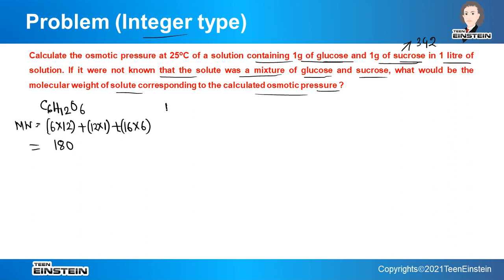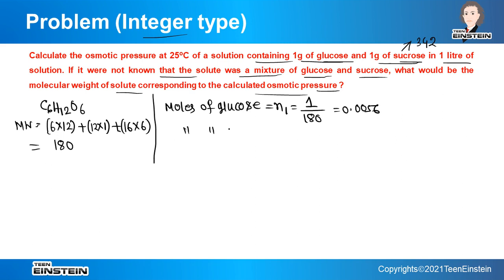So moles of glucose, suppose it is N1, will be the given weight, 1 gram, divided by its molecular weight, which is 0.0056. Moles of sucrose, N2, is 1 divided by 342, and this is equal to 0.0029.